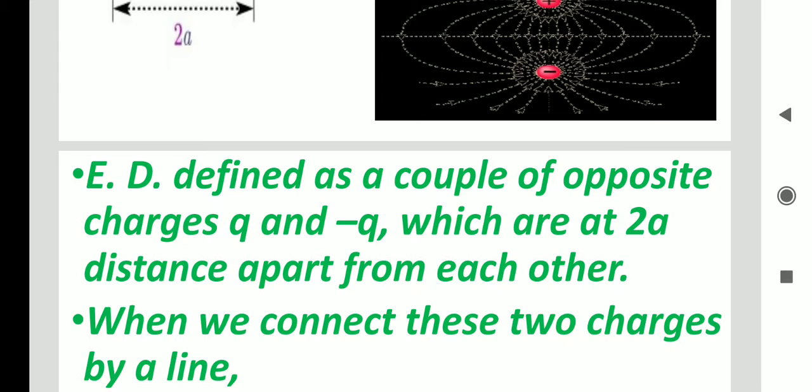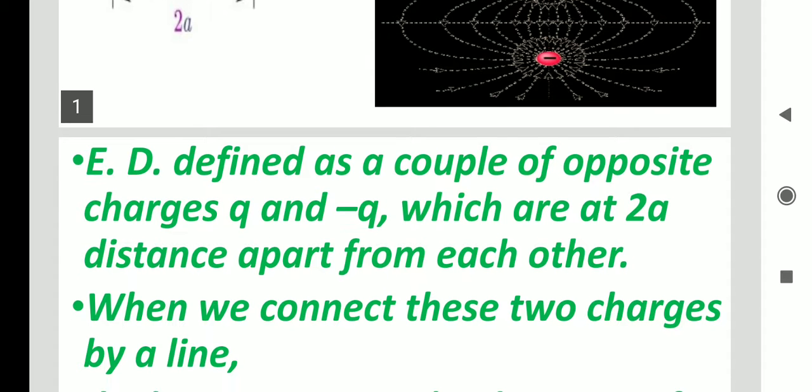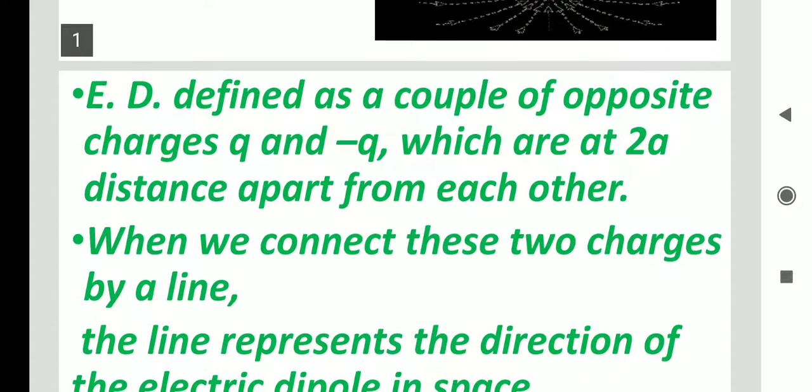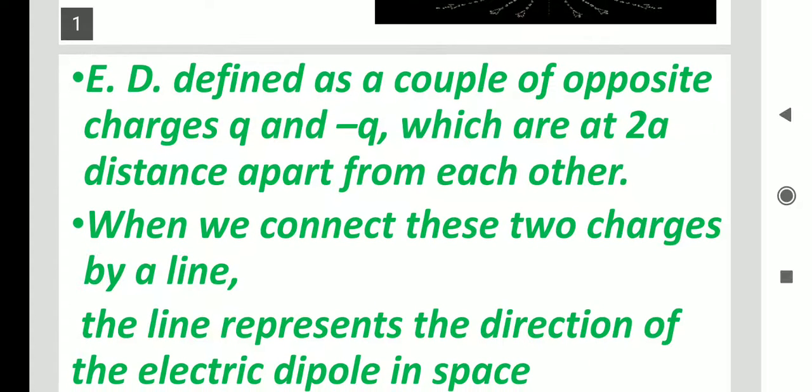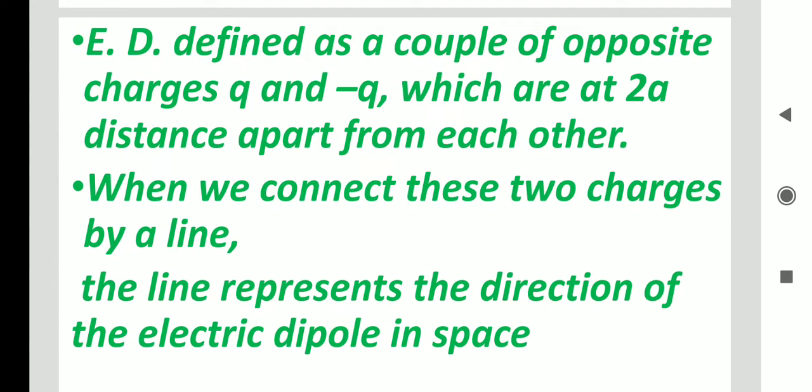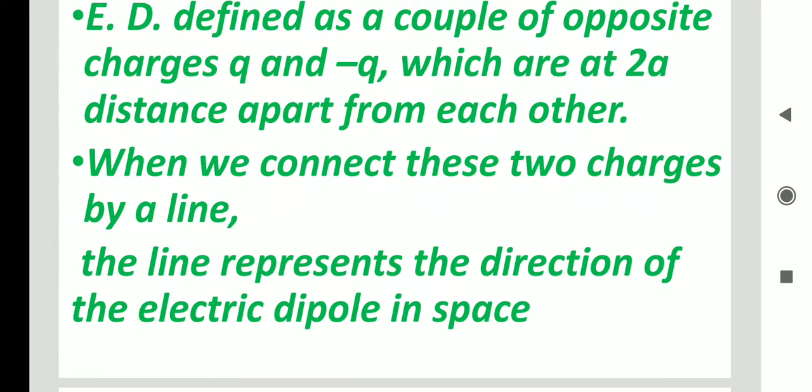So if the positive and negative charges are separated by a distance, this phenomenon is defined as an electric dipole. When we connect these two charges by a line, the line represents the direction of the electric dipole in space.